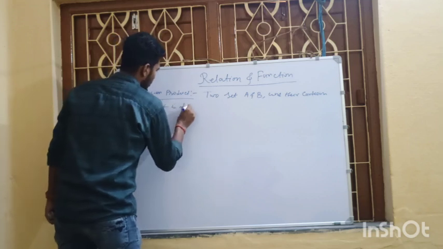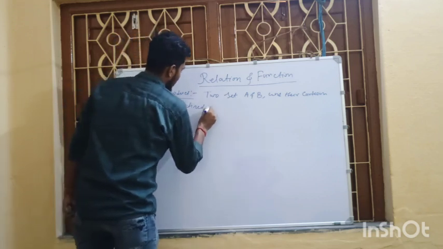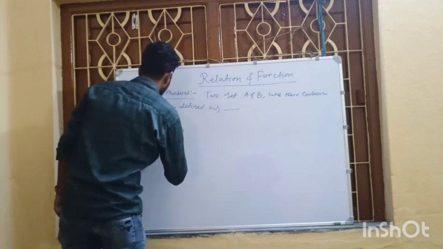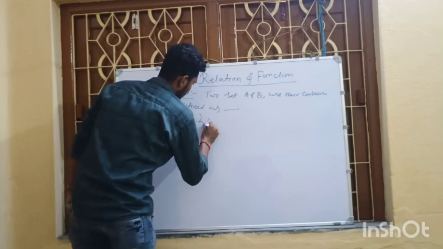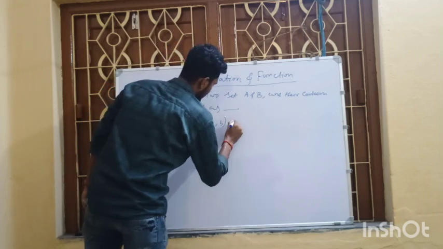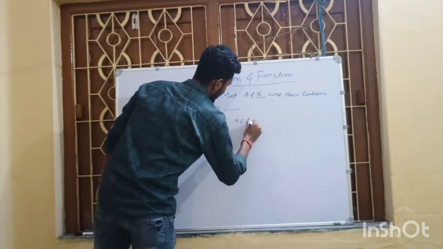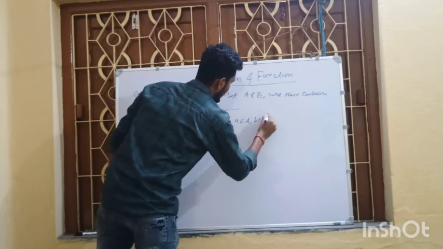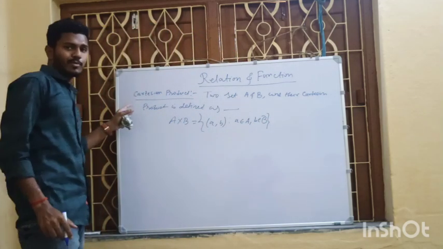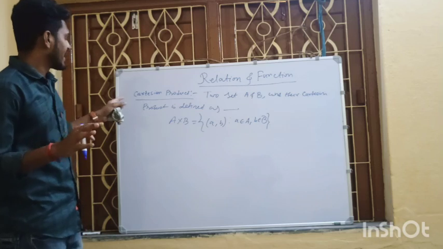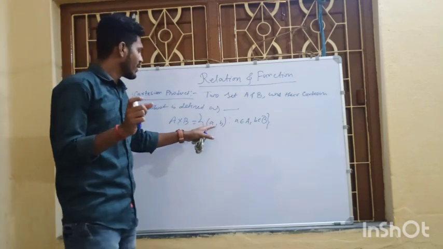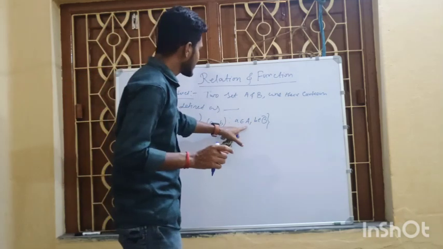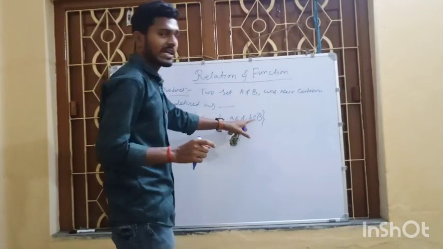That is Cartesian product. Two sets A and B, their Cartesian product is defined as A cross B equal to (a, b) such that a belongs to capital A and b belongs to capital B. Here is your Cartesian product of two sets A and B, and the Cartesian product A cross B, that is (a, b), is an ordered pair where the first element comes from the first set and the second element comes from the second set.